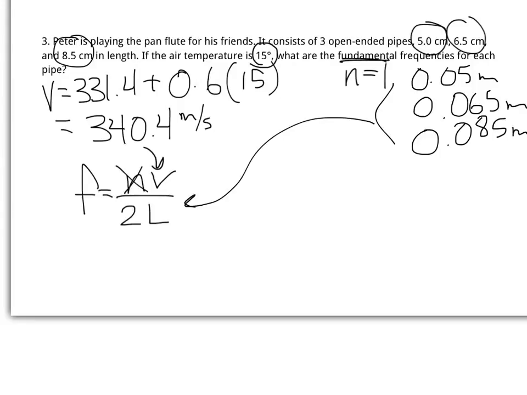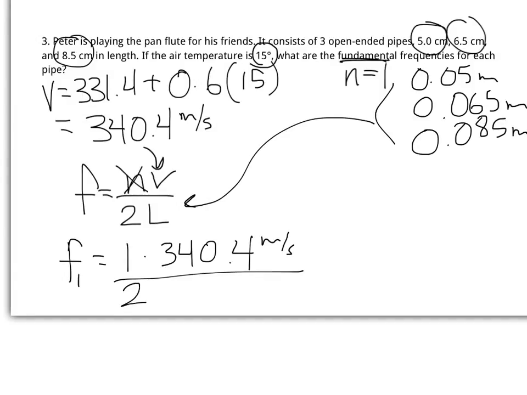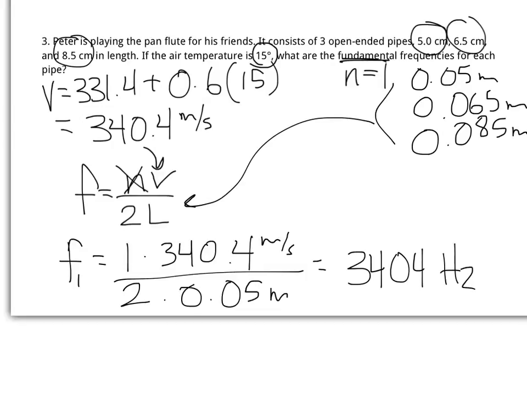So let me just show you one. The frequency of the first harmonic, 1 times 340.4 meters per second, divided by 2 times 0.05 meters, and this works out to 3,404 hertz.